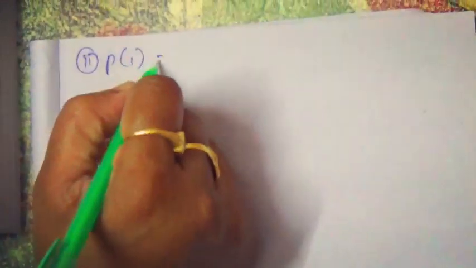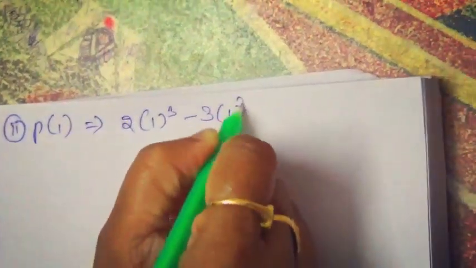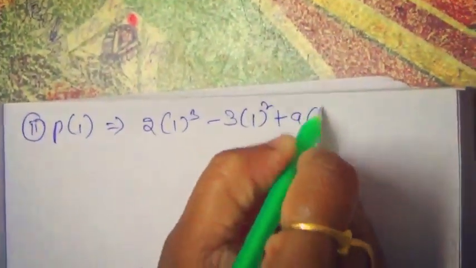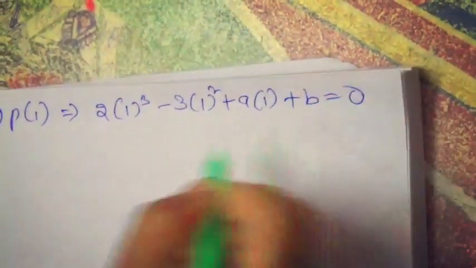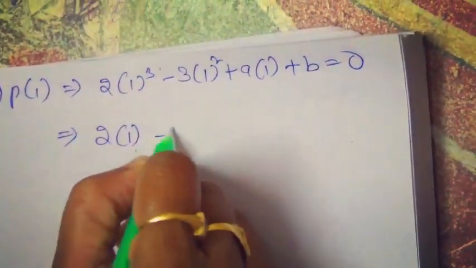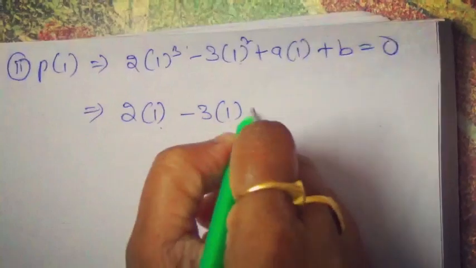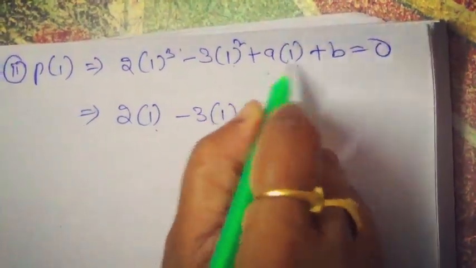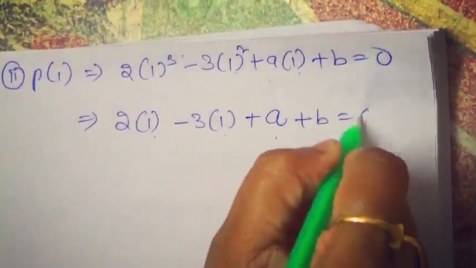Okay. So secondly, p of 1 we have to substitute in this given one. So 2 of 1 cube minus 3 of 1 square plus a of 1 plus b is equal to 0. That implies 2 of 1 cube means 1, minus 3 of 1 square means 1, plus a into 1, a, plus b is equal to 0.